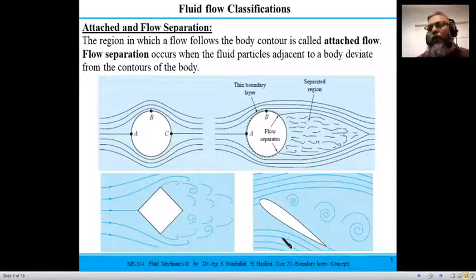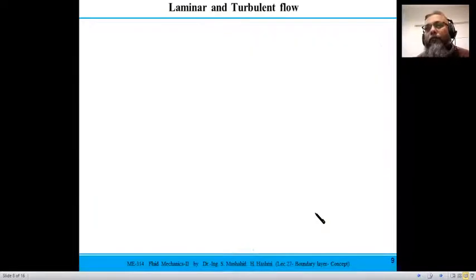We will go into the detail later when we talk about external flows, flow over an aerofoil, and see how the boundary layer forms, because this is where the flow separation takes place. The streamlines detach from the body, and on the other side of the body you have a separated flow and wake region, and eddies are formed. That is what is called flow separation.